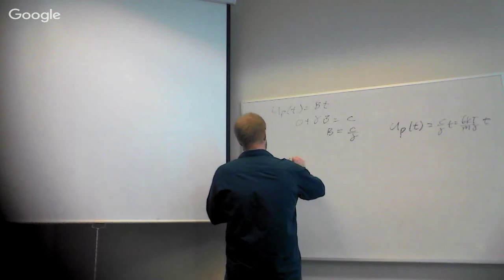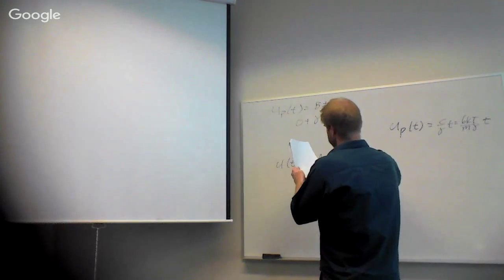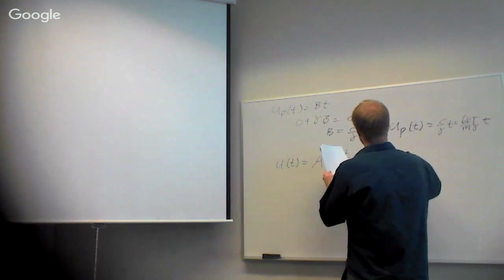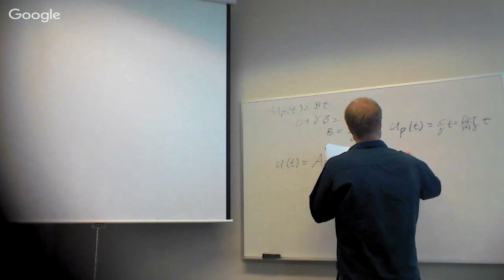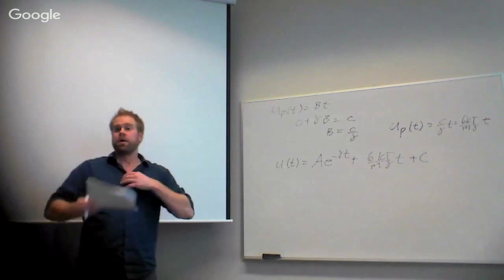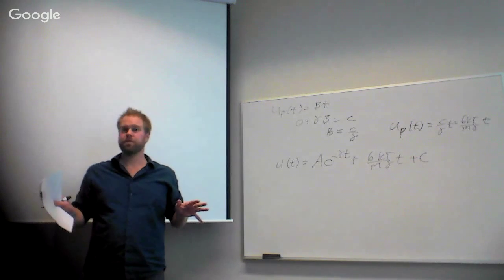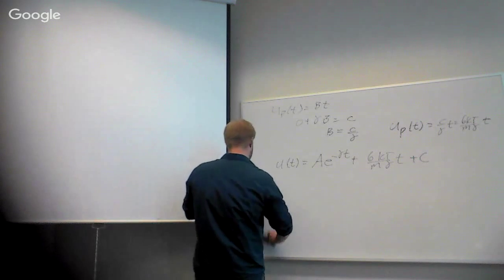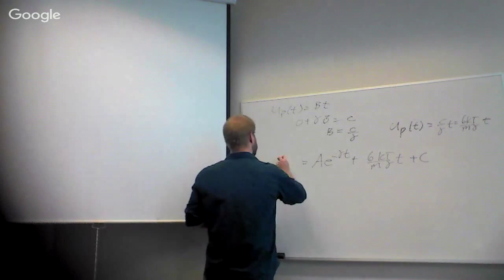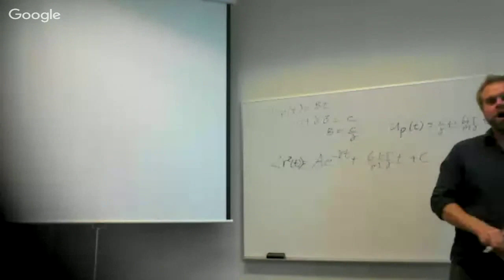So u of t is our complementary solution, which recall is the exponential, plus the particular, so the linear term. Well, remember what u of t is. That's just the average r squared, where r now is our position.